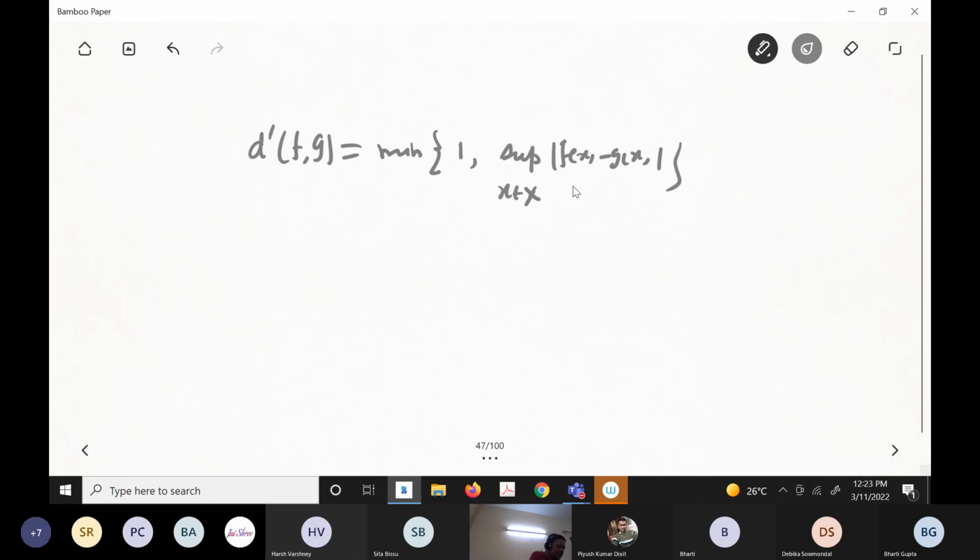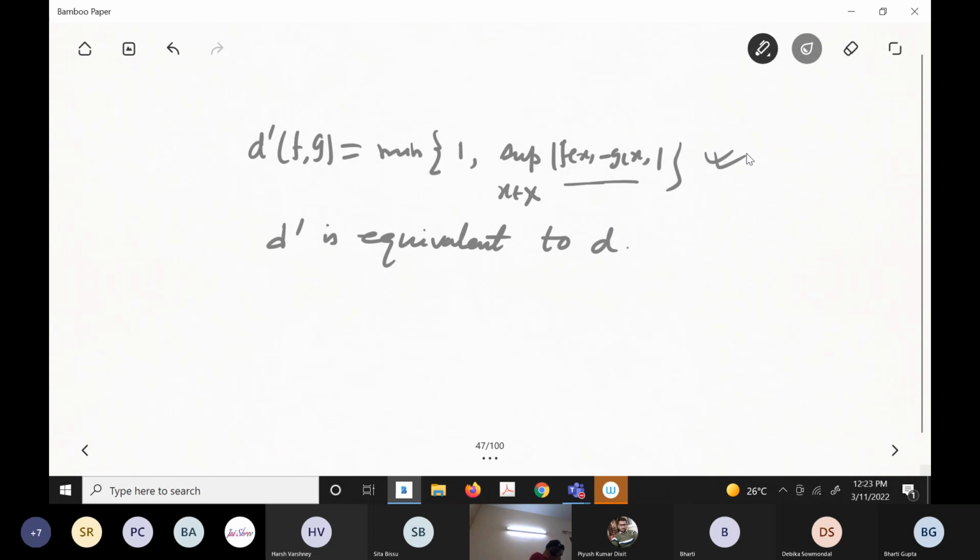Otherwise, if it is less than or equal to 1, then I will have this. And you can check also that D prime is equivalent to D. Actually many authors take this metric for the topology of uniform convergence. Okay, right.